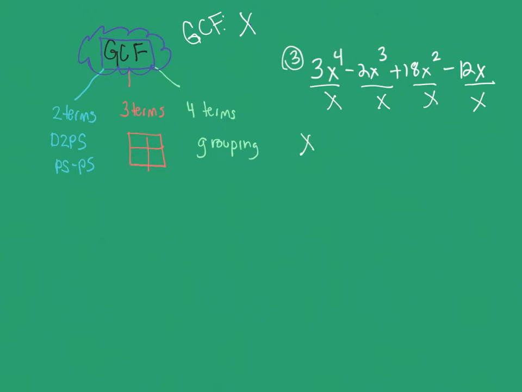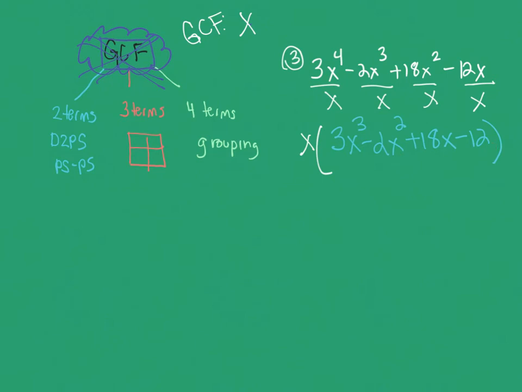So I'm going to divide everything here by an x. And then that will give me 3x to the 3rd, a negative 2x squared, 18x minus 12. So I have done this first step where I did a greatest common factor. I now look at what I have over here in blue, and I have 1, 2, 3, 4 terms.